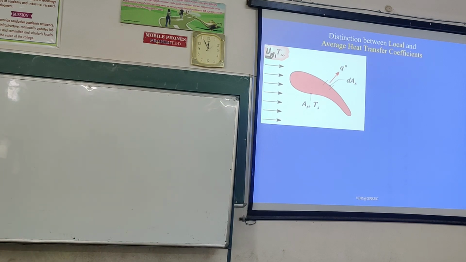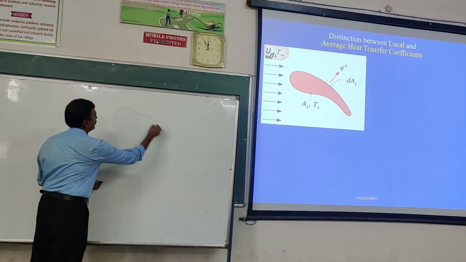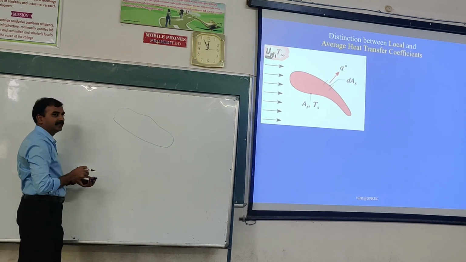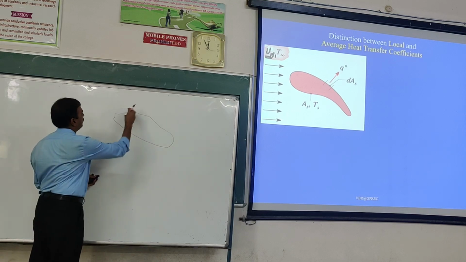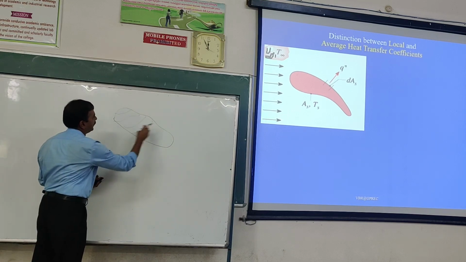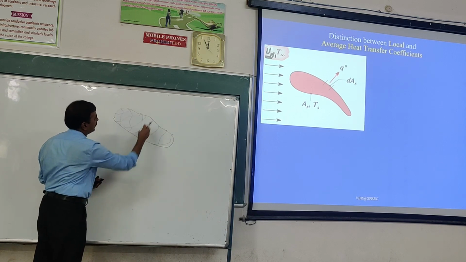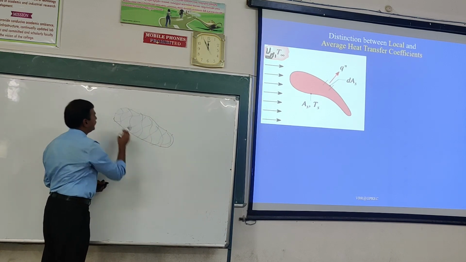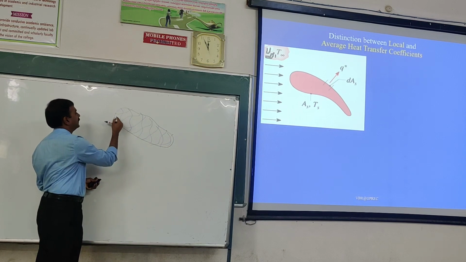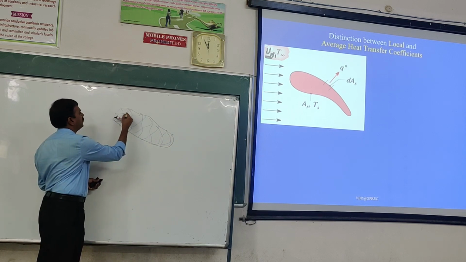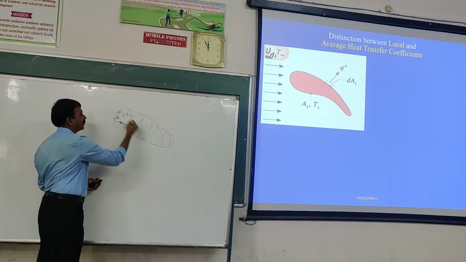See, for example, the same body, right, which is like this. I am telling you that this body is divided into many small parts. Say suppose this is dA1, this is dA2, dA3, and so on.